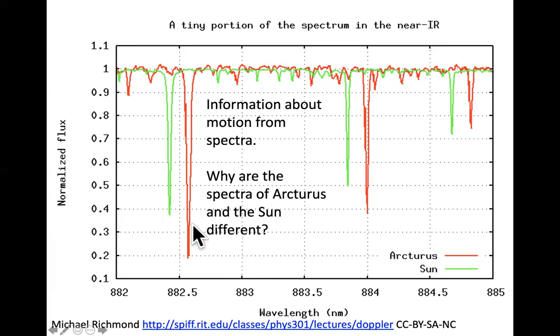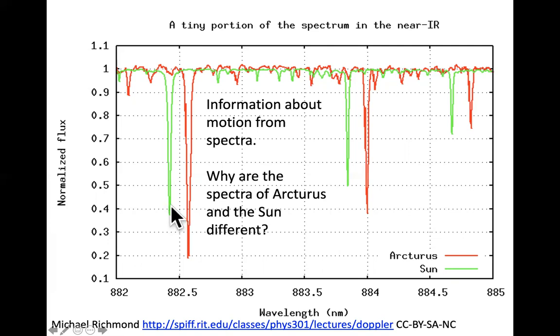But you will notice the dips in the spectrum of Arcturus are different from the dips in the spectrum of the sun. Does that imply they're a different composition? Well, if it was just one dip that was different, that could be the case. Maybe there are things in Arcturus that aren't in the sun.